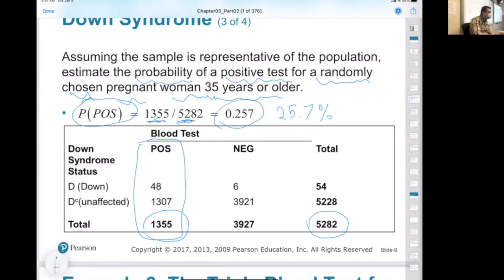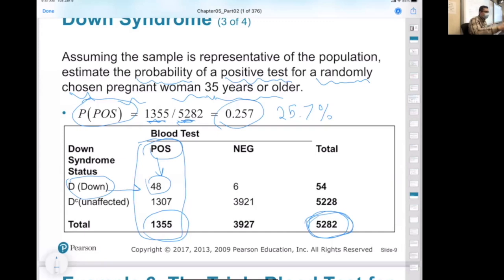So where can we find this? The number of subjects common between these two events is here, positive and D. So this number 48 divided by the total number here will give us the probability of D and positive.